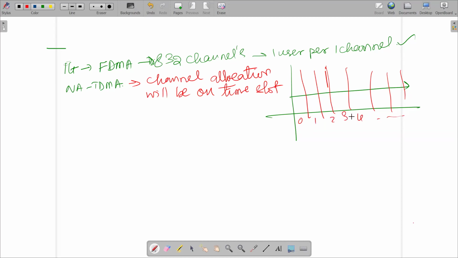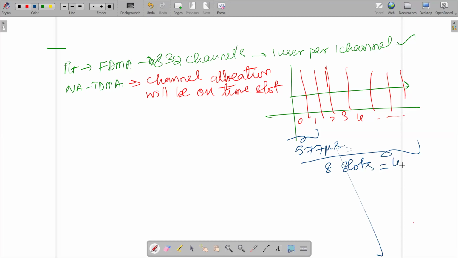Very small time, actually 577 microseconds. 8 slots combined make somewhere around 4.3 milliseconds of frame duration.